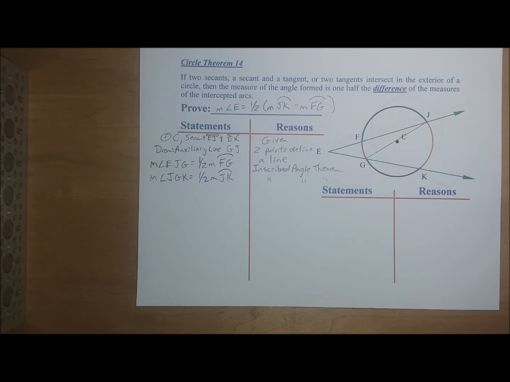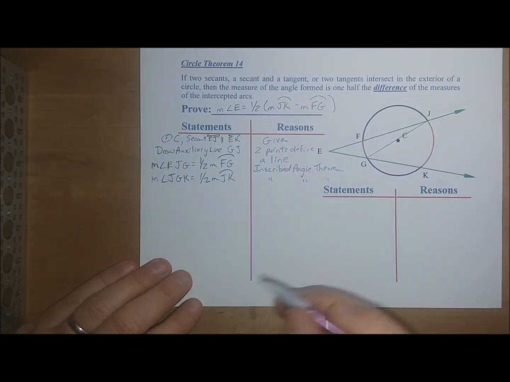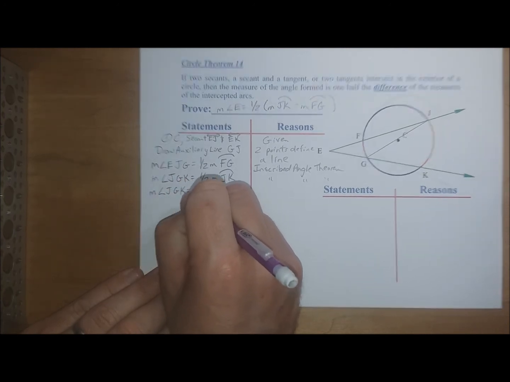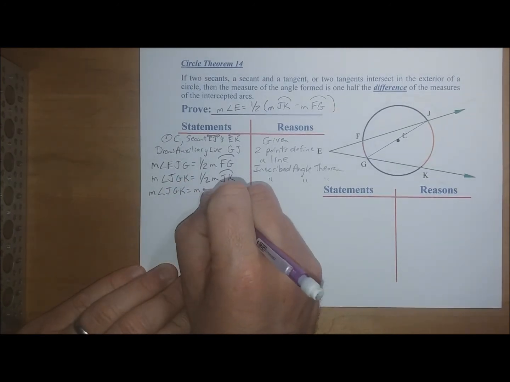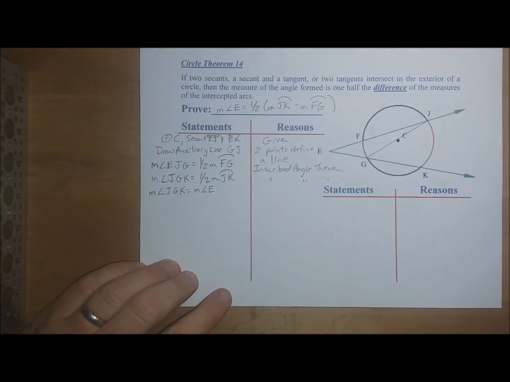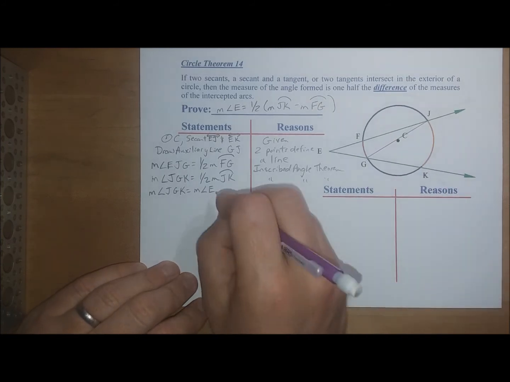I think this angle JGK has some relationship to this triangle EJG, right? This triangle here. Could we say that the measure of angle JGK equals the measure of angle E? Look at that, I'm pulling in another piece of the puzzle. This angle is going to equal the measure of angle E plus this angle. How do I know that?